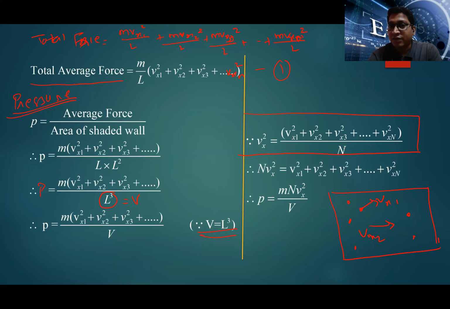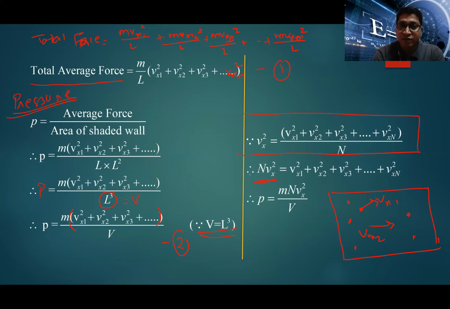And from here, we get n into Vx square as this whole term Vx1 square plus Vx2 square plus Vx3 square till Vxn square. That means in this particular expression of pressure, which is our equation number 2, we can replace this whole bracket with the term n into Vx square.